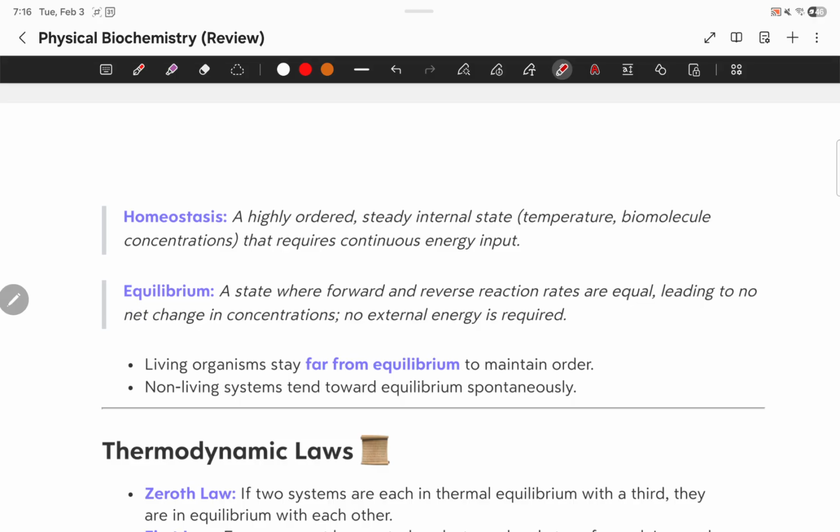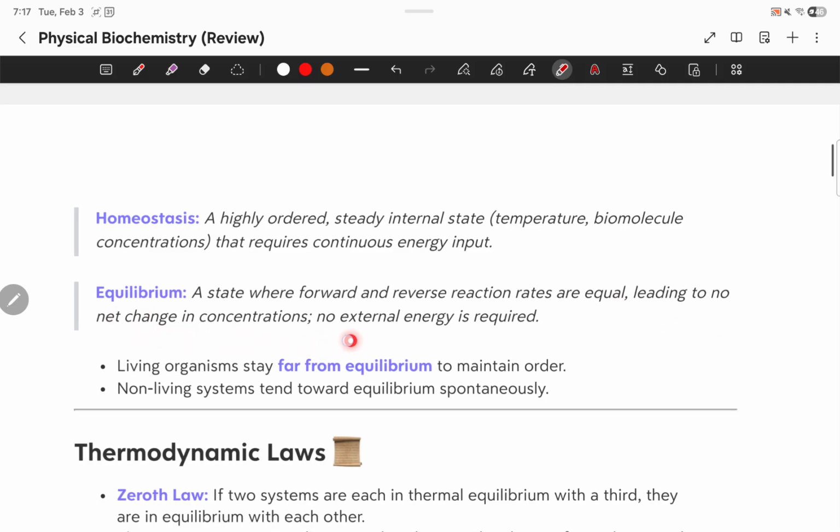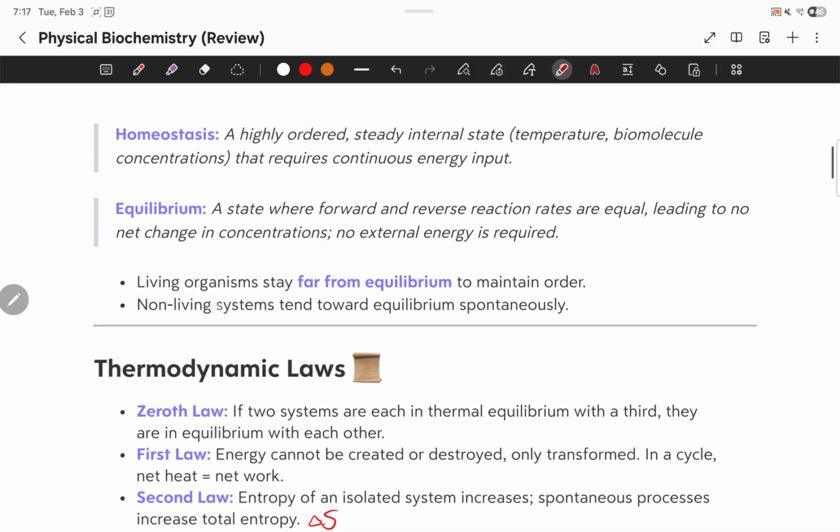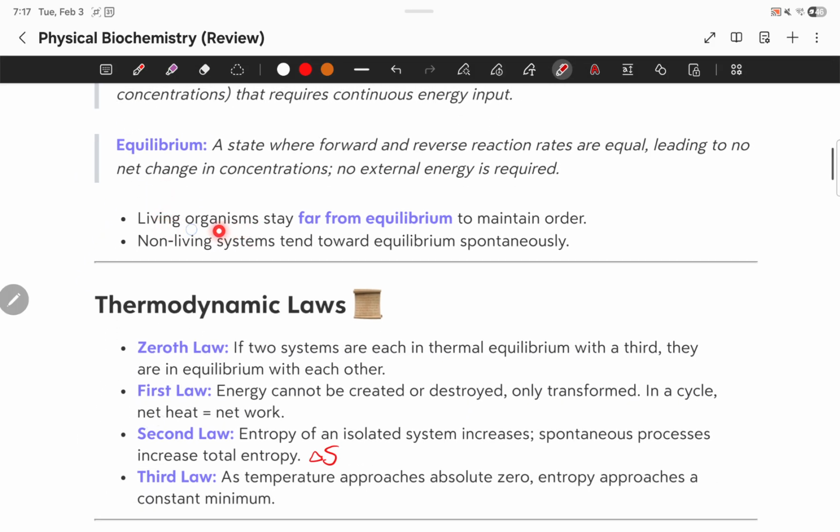Equilibrium is a state where forward and reverse reaction rates are equal, leading to no net change in concentrations, so we don't require any energy. Living organisms stay far away from equilibrium to maintain order, while non-living systems tend toward equilibrium spontaneously.